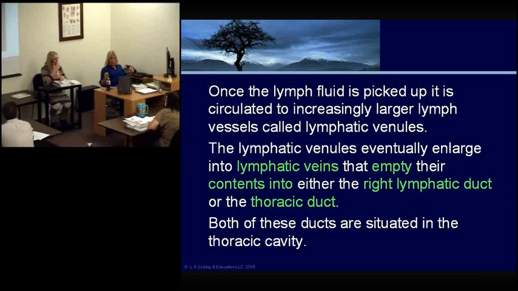Well, the right lymphatic duct or the thoracic duct. There are two places they enter into. Both of these ducts are situated in the thoracic cavity. So, the right lymphatic duct and the thoracic duct.